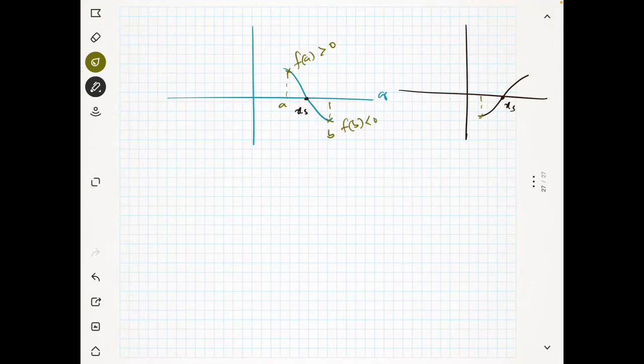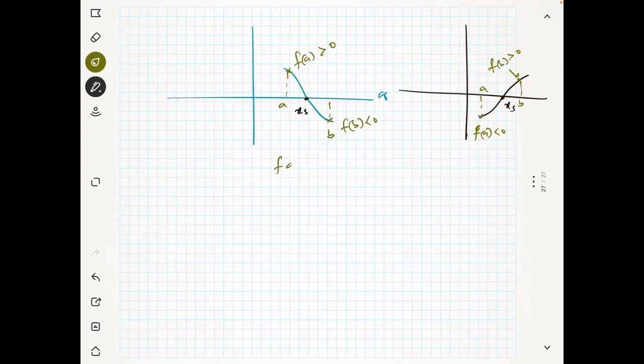Now similarly you will get some point here A, and this is your B, and this is the point f of A which is less than 0, and this is f of B which is greater than 0.